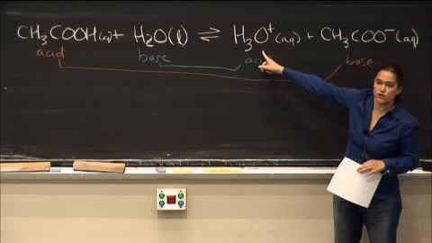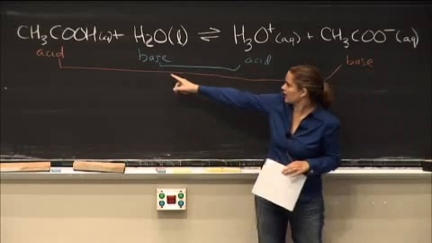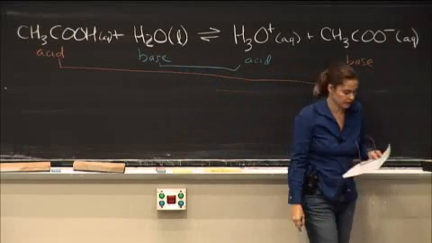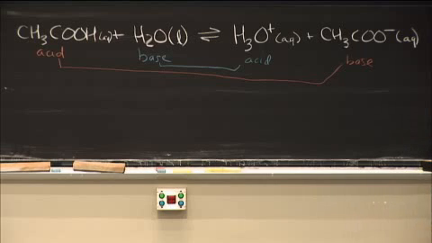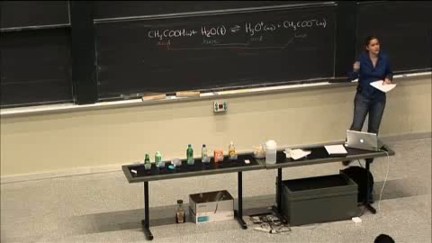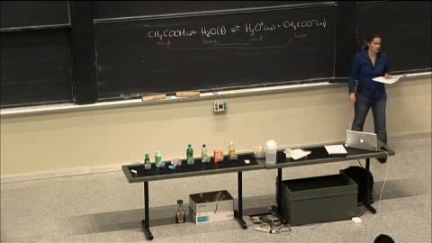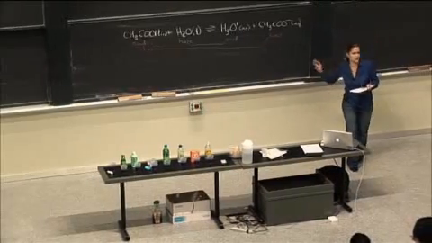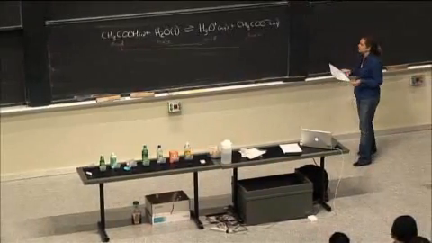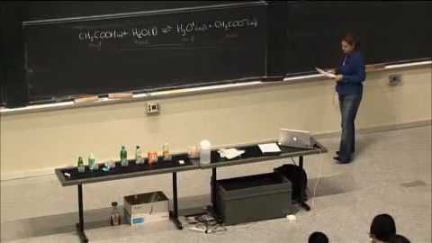And after hydronium ion gives off its hydrogen ion, it forms water again. So that would be an example of Bronsted-Lowry talking about substances as acids and bases, whether they accept or donate a hydrogen ion. And this is the definition we're going to be using mostly throughout this unit.